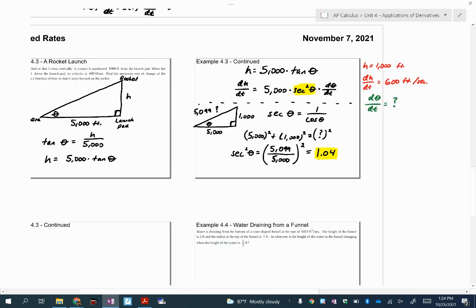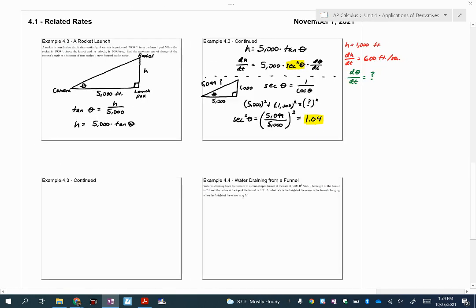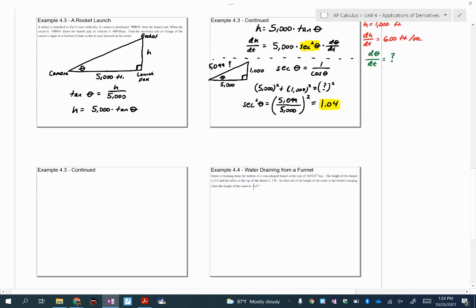All right, so I'm going to copy down that formula again, which was dh over dt equals 5,000. Now I'm going to plug in secant squared theta since I know it, which was 1.04, times d theta over dt.